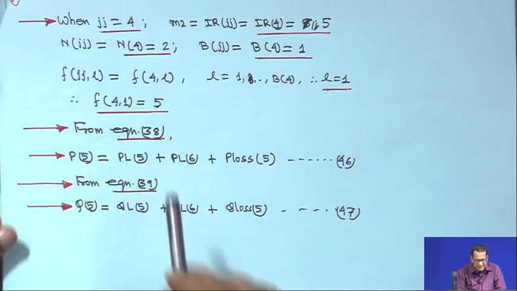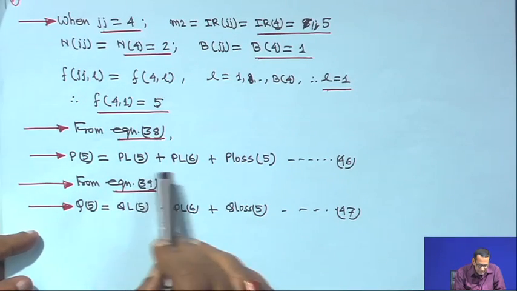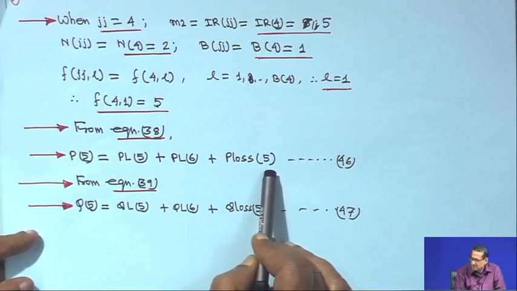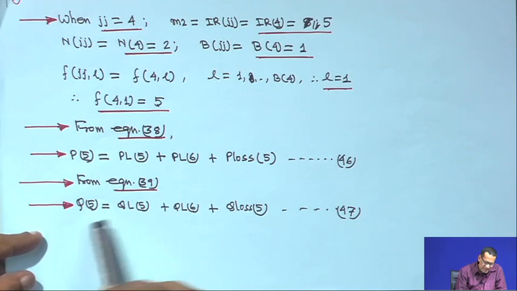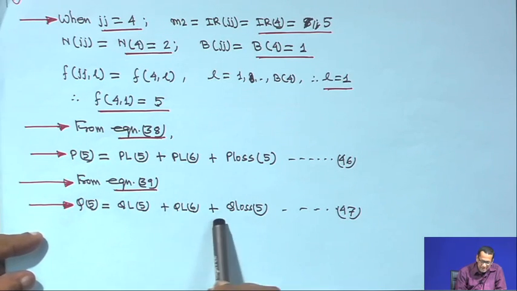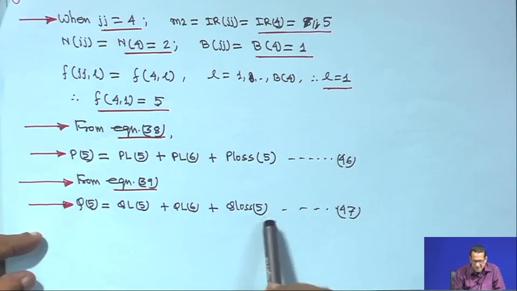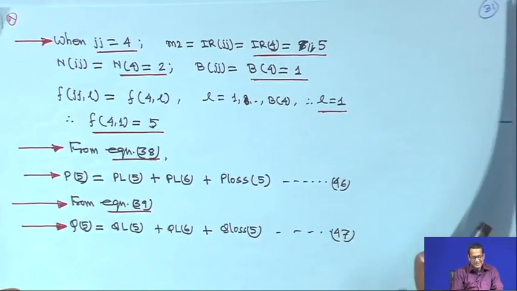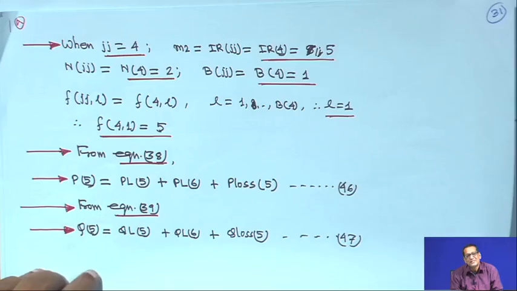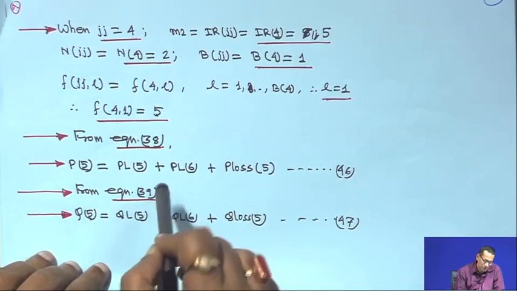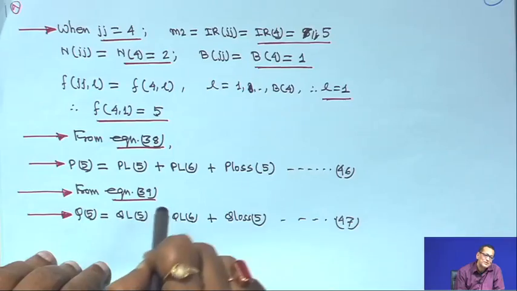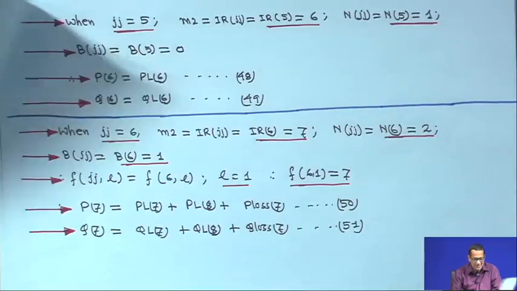Therefore, from equation 38, P5 is equal to PL5 plus PL6 plus P loss 5, this is equation 46, and from equation 39, Q5 is equal to QL5 plus QL6 plus Q loss 5. From this F matrix of branches you can see how important it is, and how easy it is to find all the load fed to the receiving end node of each branch, right.